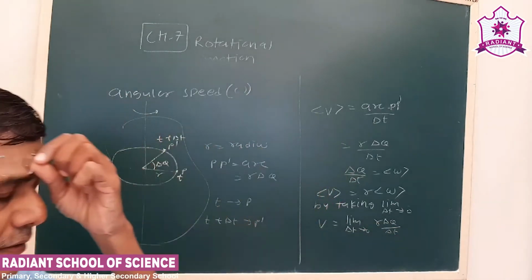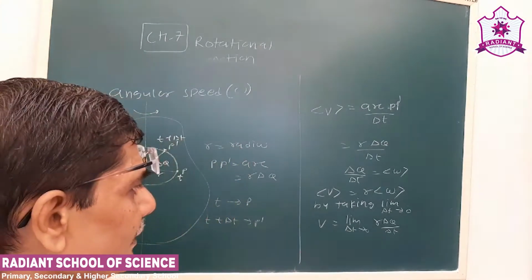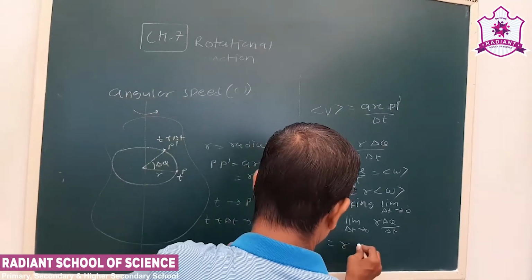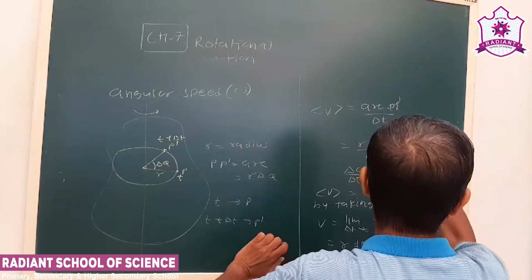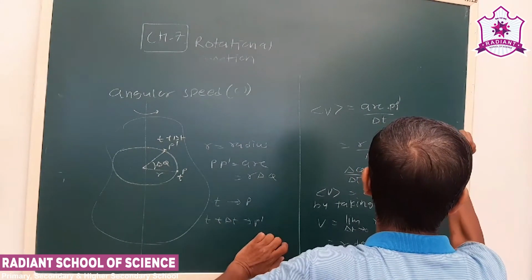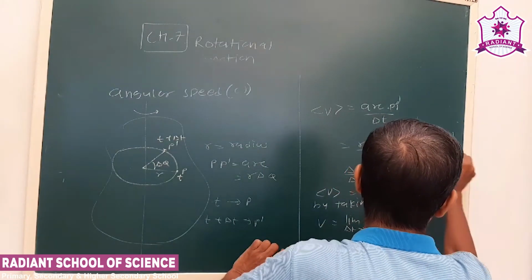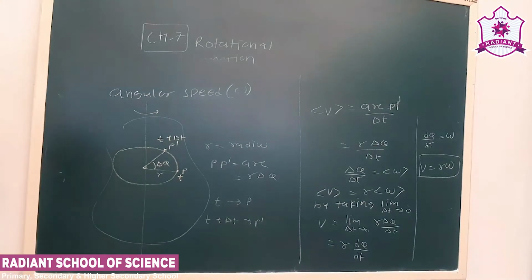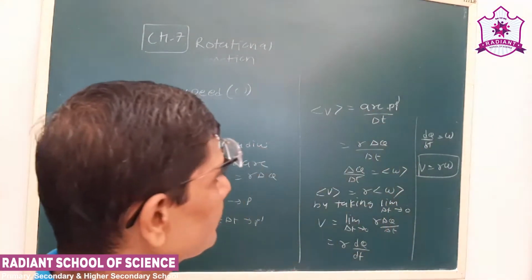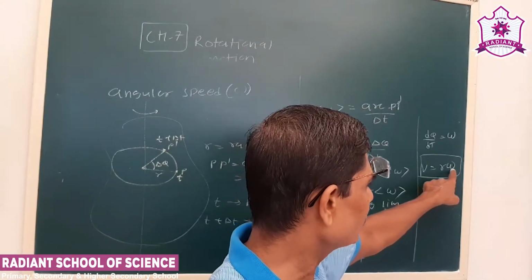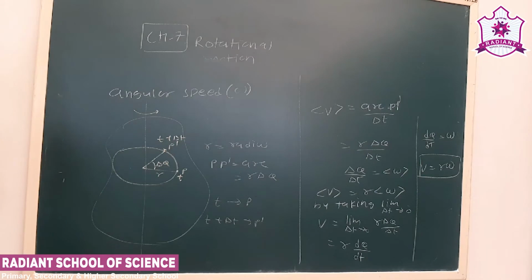Whenever we have a limit, it turns out to be the derivative that we have seen earlier. So r into d theta by dt, and d theta by dt is the angular speed omega. So v is equal to r omega. This is the scalar relation between linear speed v and angular speed omega.